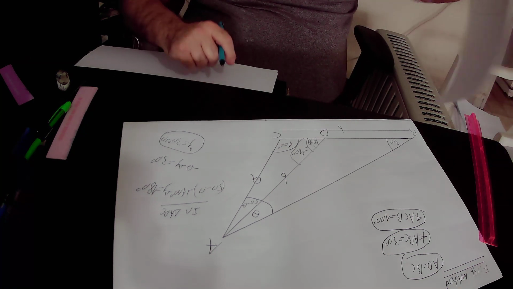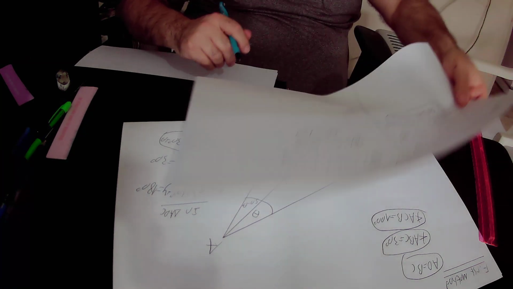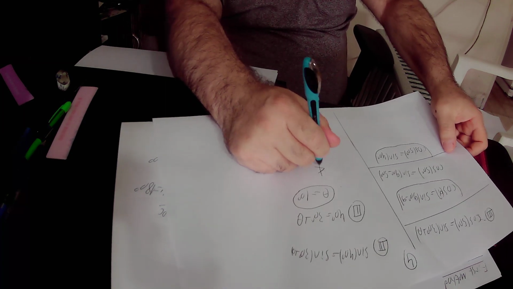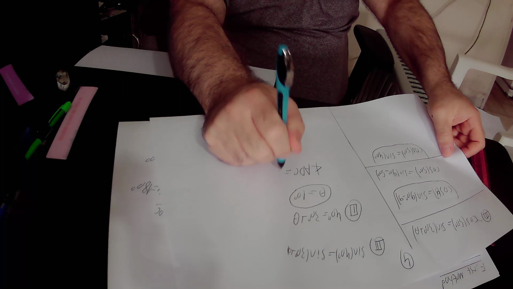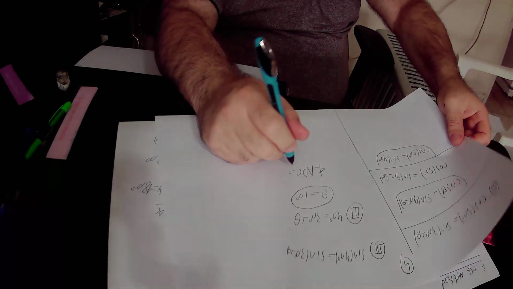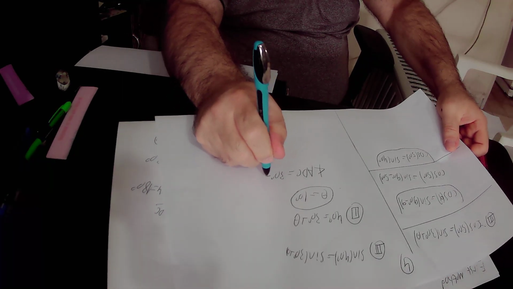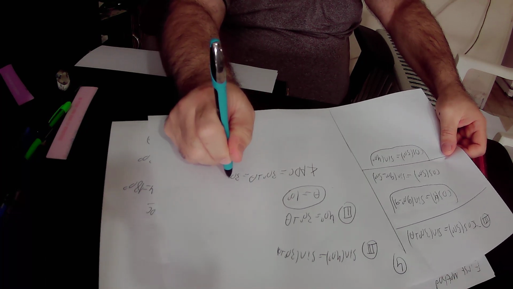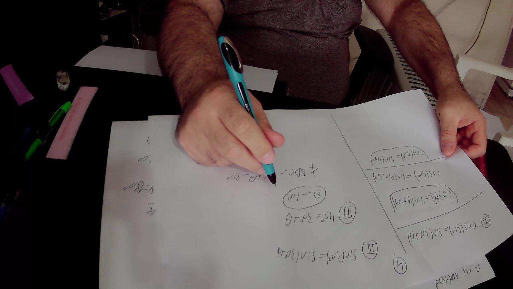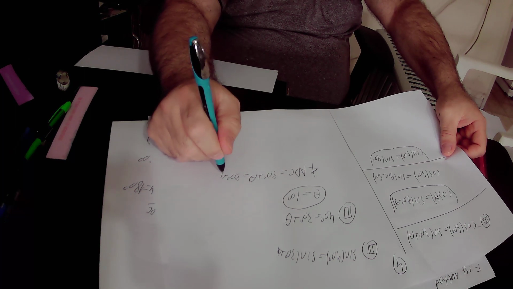So angle ADC equals 30 degrees plus theta, which will be equal to 30 degrees plus 10 degrees because theta equals 10 degrees.